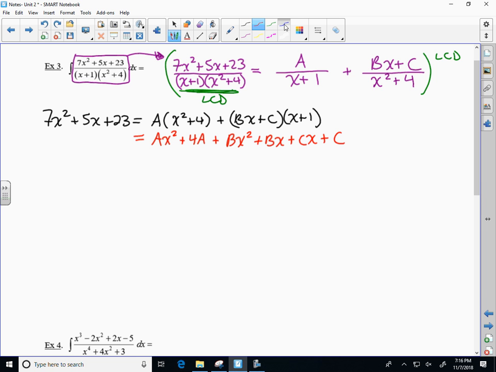All right. So we're going to take anything that has an x squared associated with it, put it together. Now again, last time what we did was we said, all right, 7x squared equals ax squared plus bx squared, and then we canceled the x squareds. So let's just cancel those on the fly and just say 7 is equal to a plus b.